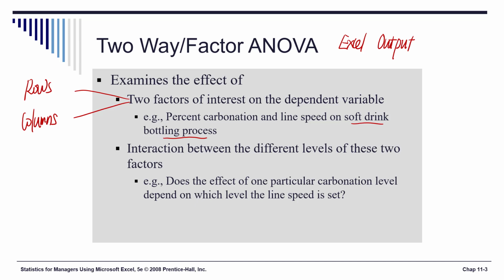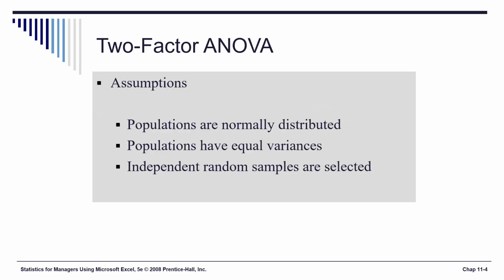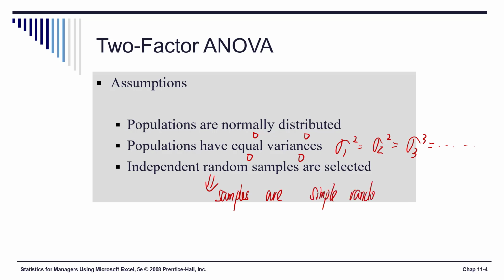Now the given assumptions for two-factor ANOVA: population normally distributed, population have equal variance, meaning sigma 1 squared equals sigma 2 squared equals sigma 3 squared, etc. And independent random samples are selected, meaning our samples are simple random samples, so we guarantee the result is unbiased and objective.